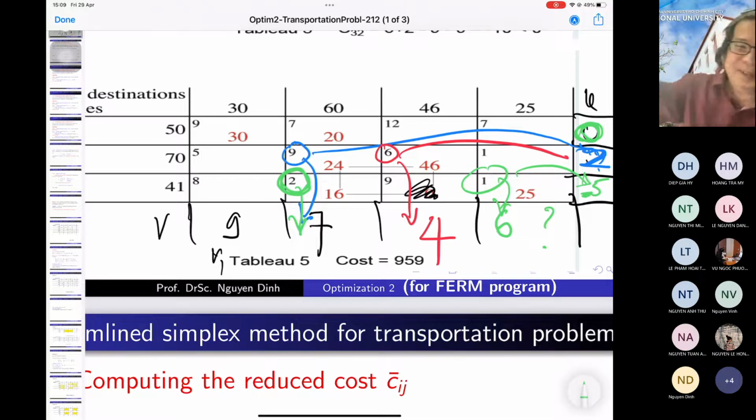And in our class we have 16 students. One student said U1 is 0, another said U1 is 1, another said U1 is 3, and another said U3 is 0 or something. You know one U, and then you know everything. You can set U1 is 0, U2 is 0, U3 is 0. You can set anything. You can set U1 is 1. This is okay. You can set U3 is 1. That's okay.